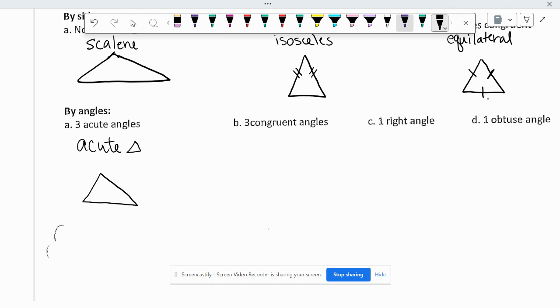If I have 3 congruent angles, this is called equiangular, which actually is also equilateral. They're the same. This side is congruent to this side, is congruent to this side.